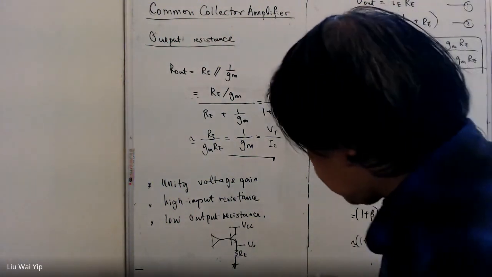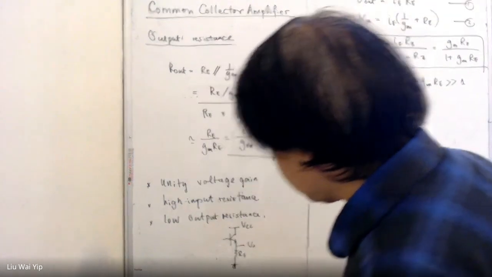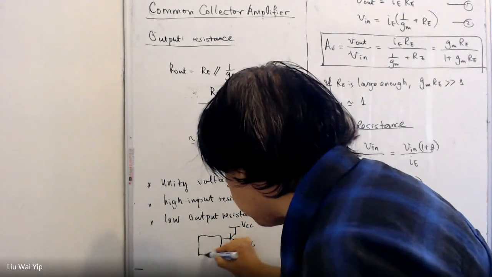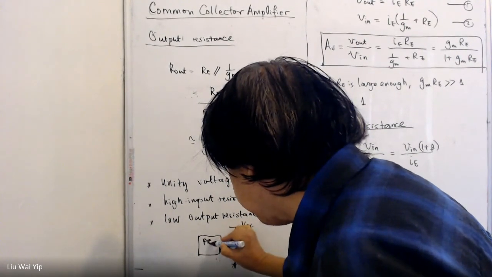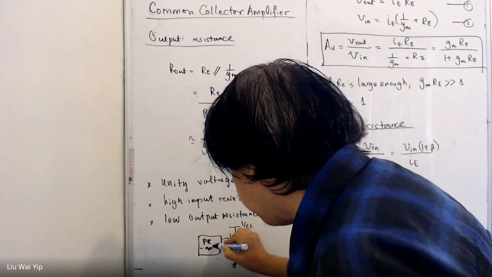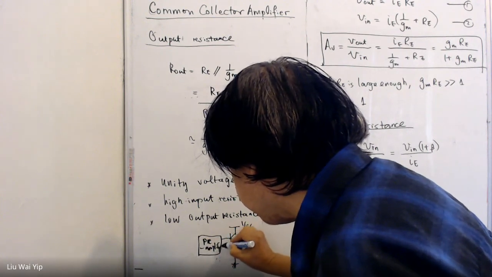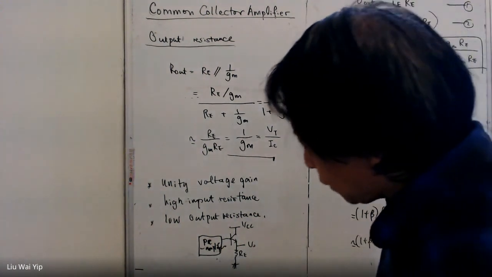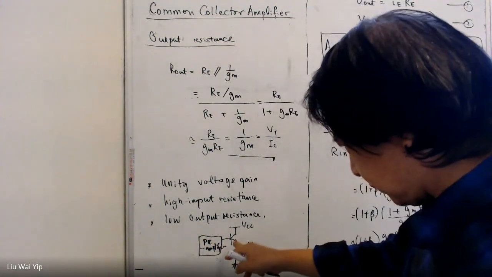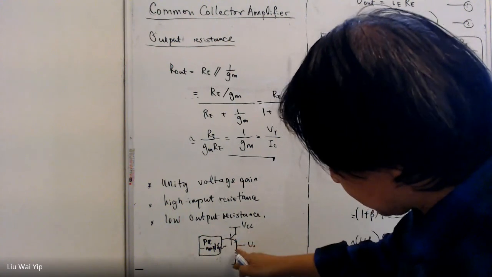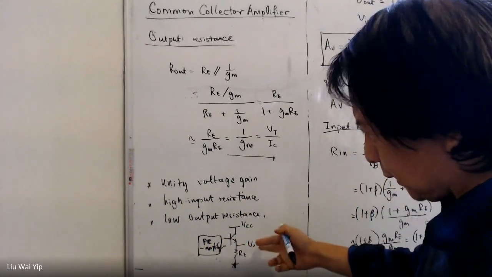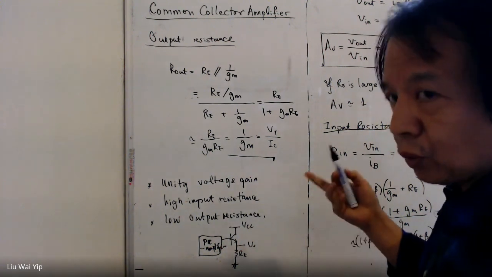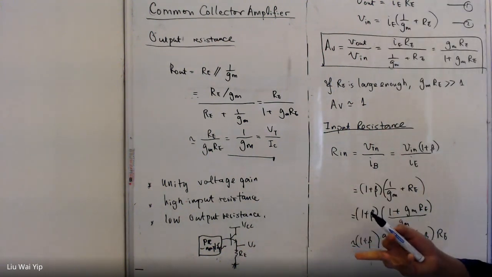So this is how we use the preamplifier. It could be a low noise amplifier, and then we just add one more stage here, and then the output will be powerful enough to drive any low resistance load.